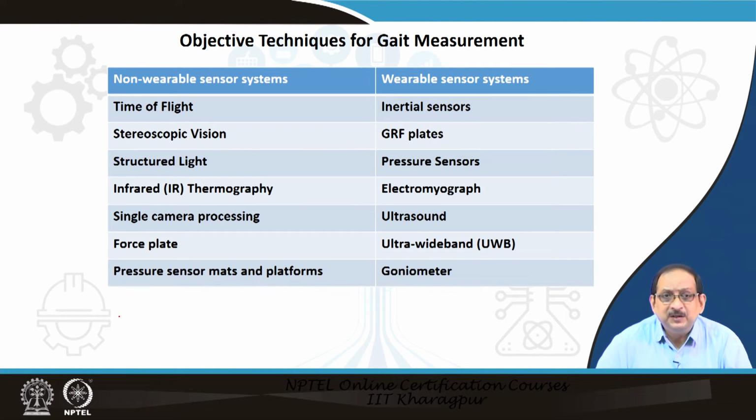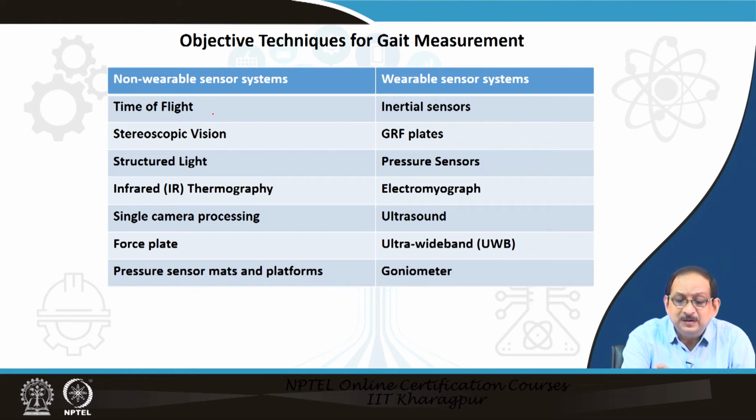The objective techniques of gait measurements are summarized in a tabular form in this slide. The non-wearable sensor systems can be of different types: time of flight, stereoscopic vision, structured light, infrared thermography, single camera processing, force plate, and pressure sensor mats or platforms.